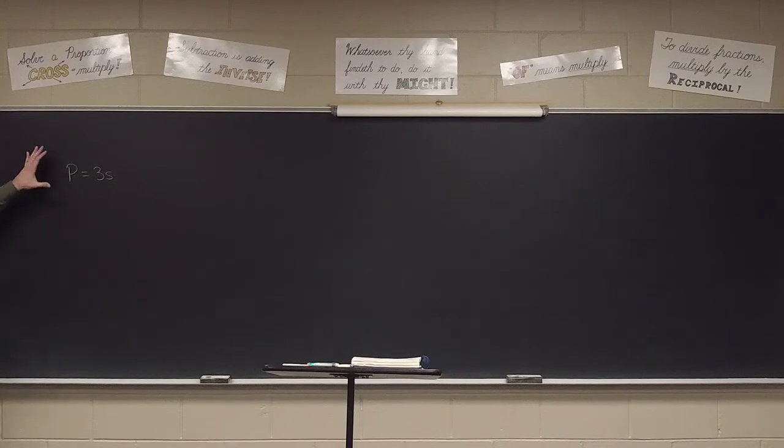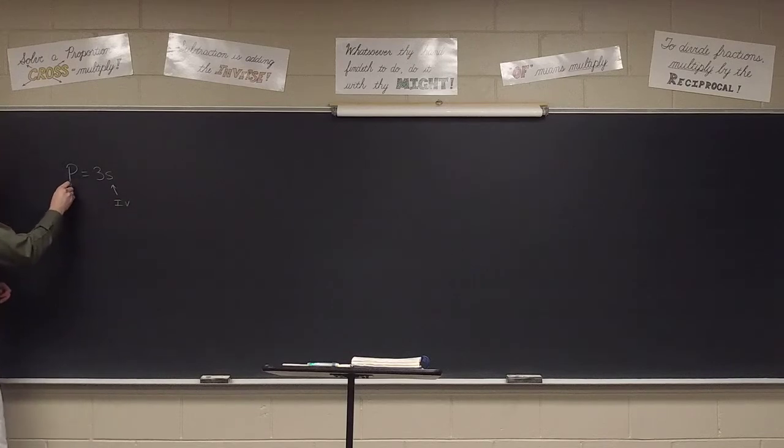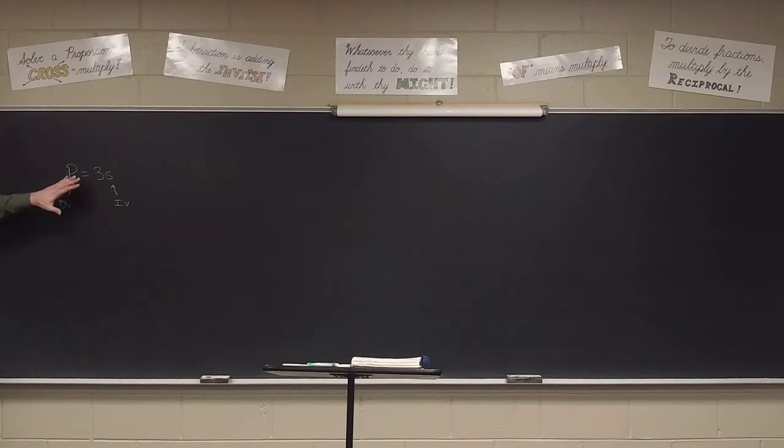Well, if you can translate a rule into a formula, particularly a formula that has only 2 variables, one independent variable and one dependent variable, and both of them are to the first power, then you could graph this as a linear equation. But you wouldn't have x and y axes.